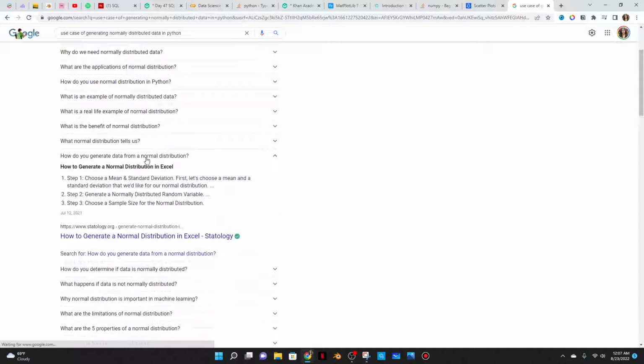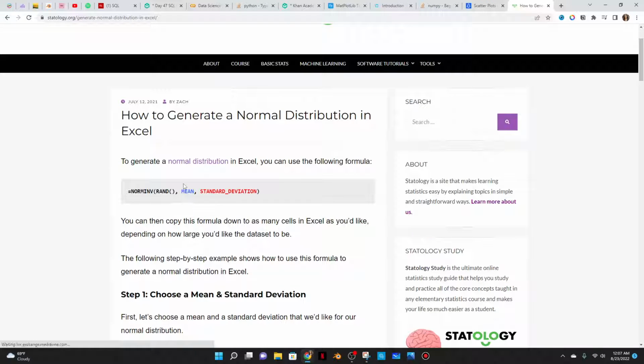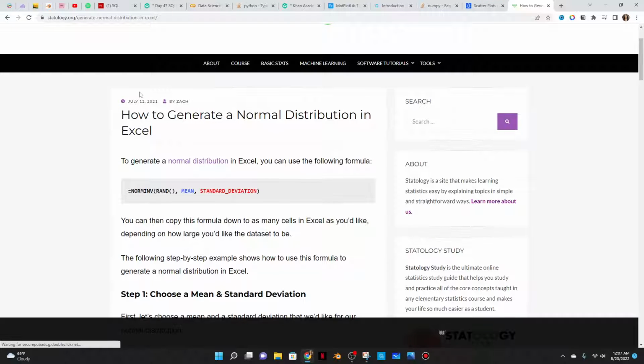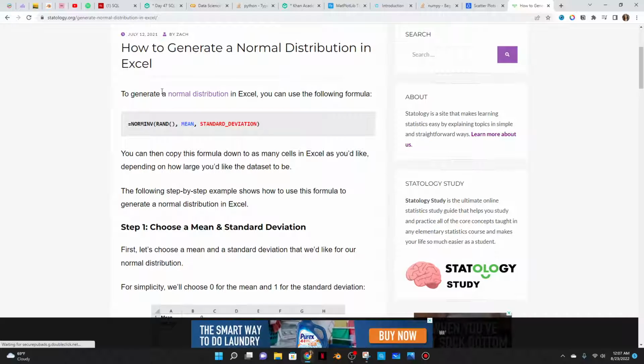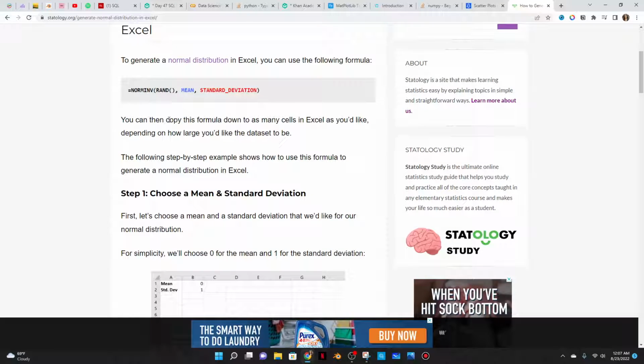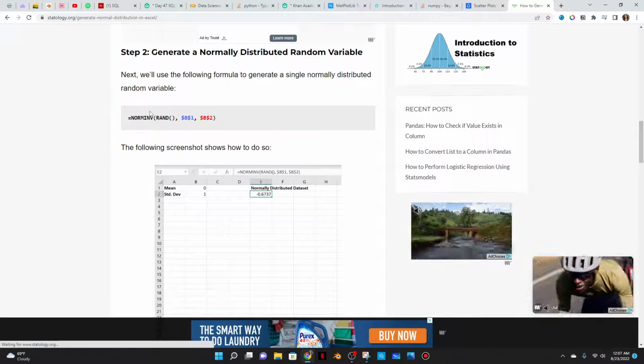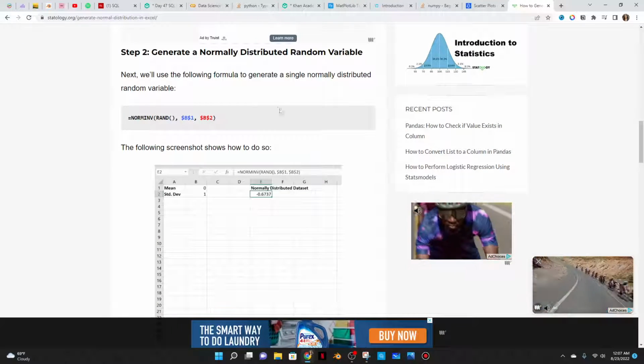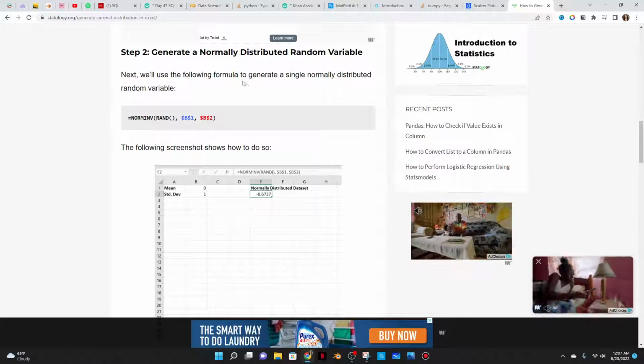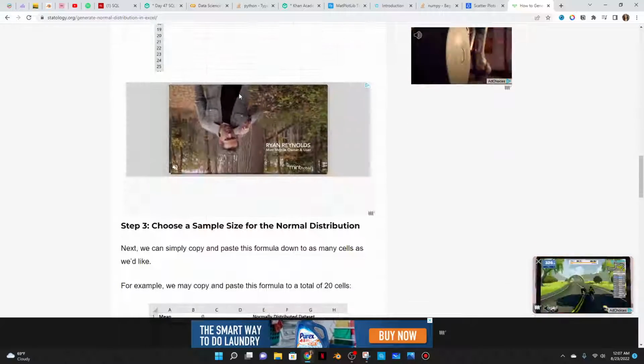Choose a mean and standard deviation. Generate a normally distributed random variable. Choose a sample size. Let me look at Excel. Maybe just get away from this pandas or Python point of view. You can then copy this, blah, blah, blah. Okay, so got it. Generate a normally distributed random variable. Next, we'll use the following to generate a signal, blah, blah, blah.